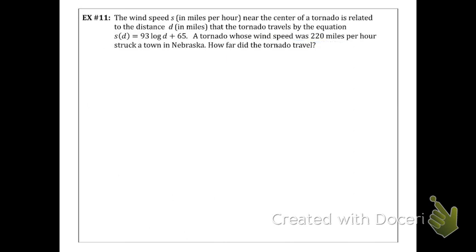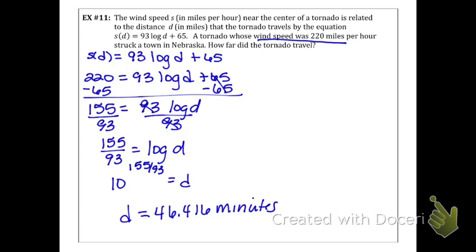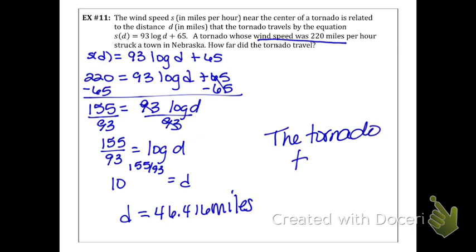Sorry, wrong button. So we know the tornado traveled 46.416 miles.